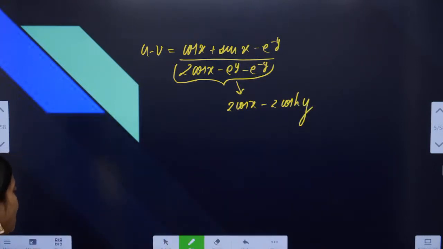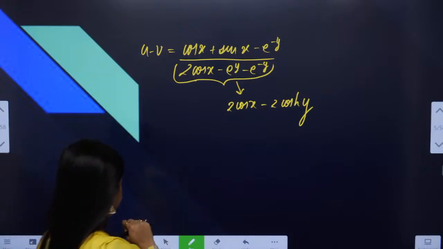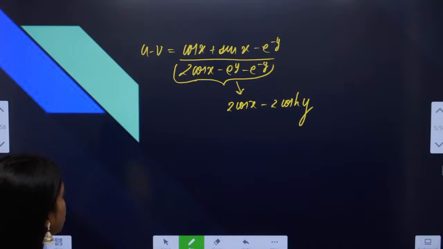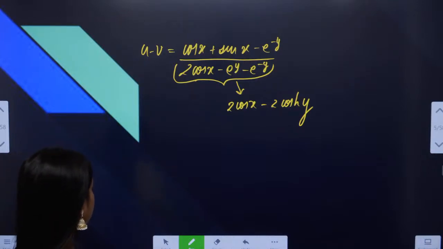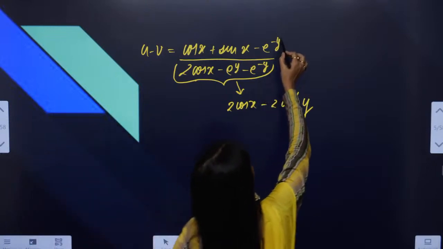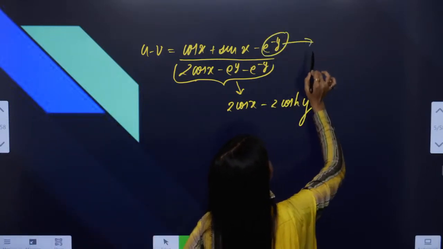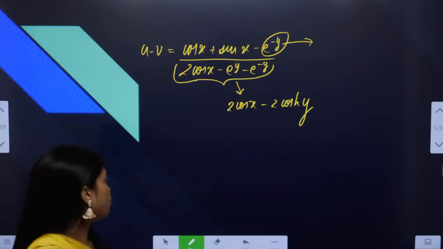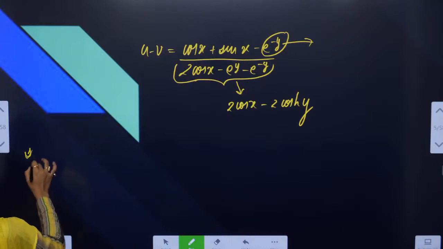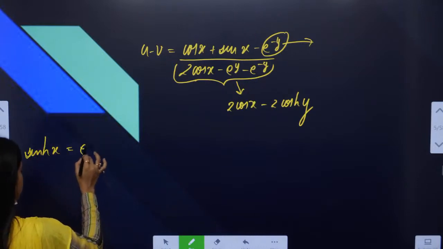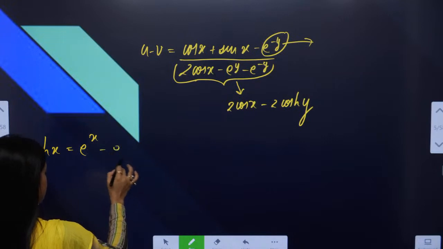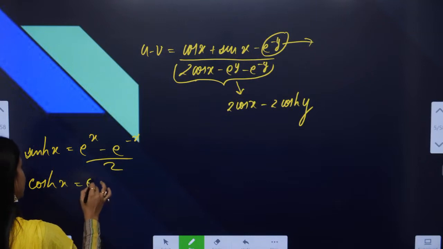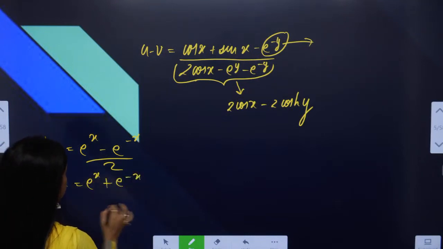After that, you can work with e raised to the power minus y. As such I can't introduce a sin hyperbolic y or cos hyperbolic y directly, but you can make a relation. What is your sin hyperbolic x? This is e raised to the power x minus e raised to the power minus x, by 2, and cos hyperbolic x is e raised to the power x plus e raised to the power minus x, by 2.